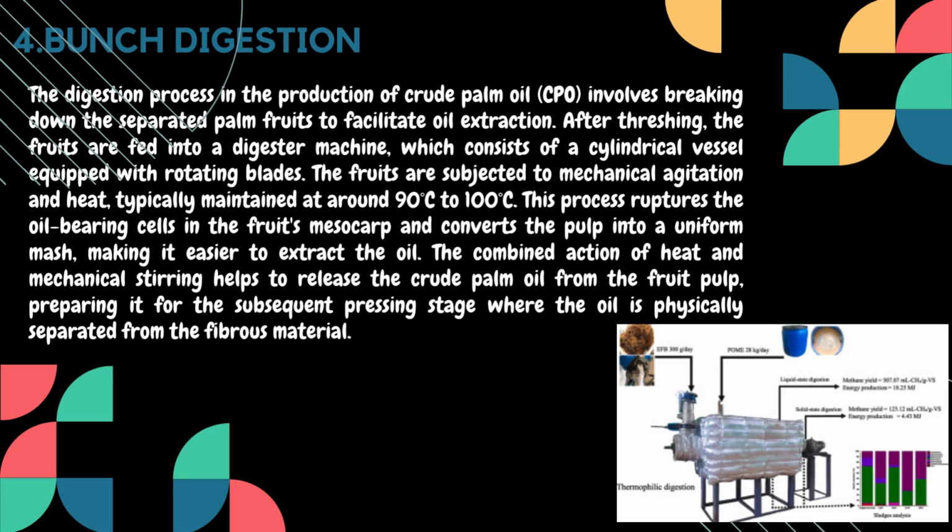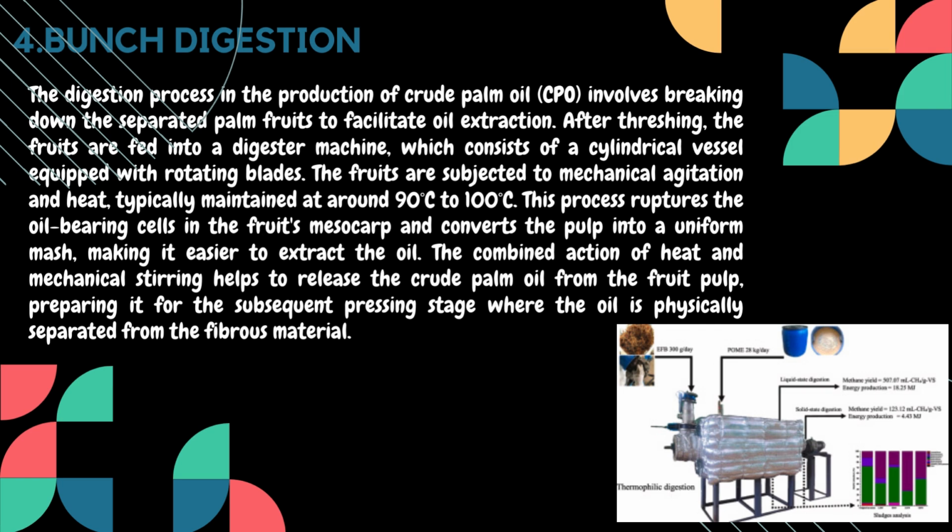Alright, so next let's look at the fourth process, bunch digestion. The digestion process in the production of crude palm oil involves breaking down the separated palm fruits to facilitate oil extraction. After threshing, the fruits are fed into a digester machine which consists of a cylindrical vessel equipped with rotating blades. The fruits are subjected to mechanical agitation and heat, typically maintained at around 90 degrees Celsius to 100 degrees Celsius.